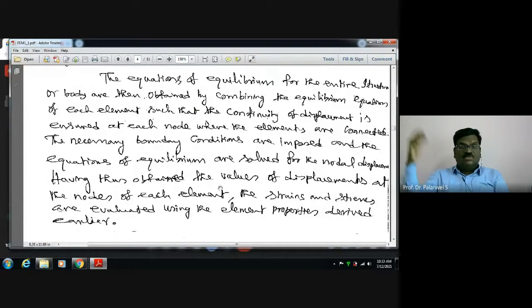There are going to be thousands of nodes in it. Thus your global equilibrium equation, that is, global stiffness matrix into global displacement vector is equal to global force vector, is what you are going to finally get.